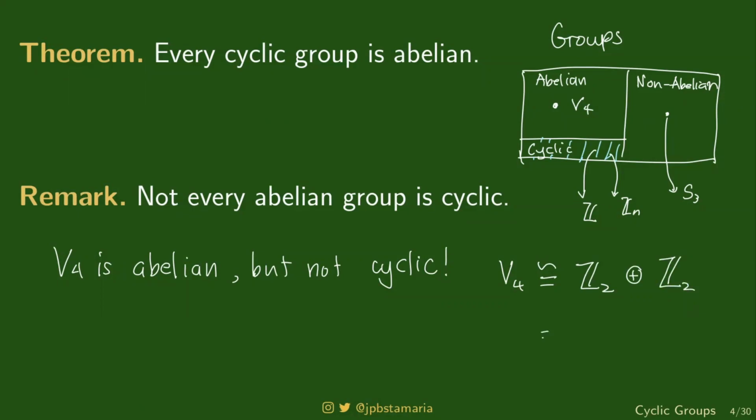Ito yung 0,0; 1,0; 0,1; 1,1. Pag ginawa niyo yung table nito, parang Klein 4 group. Basta ang group mo ay abelian, binubuo siya ng mga cyclic groups, parang may mga component siya na cyclic groups. Pero paano natin mapapatunayan yun? It's a very, very, very long story. So, let's wait for the right time to discuss that.